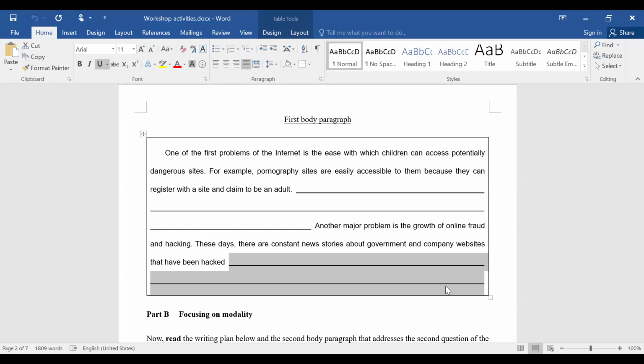Good. Thank you, Zive. As a result, criminals get sensitive information. Yes, exactly. You use the word as a result or the linking word as a result. Yes. If you use this sentence, then after hacked, you will need to put a full stop. But this is perfectly fine. As a result, criminals get sensitive information.